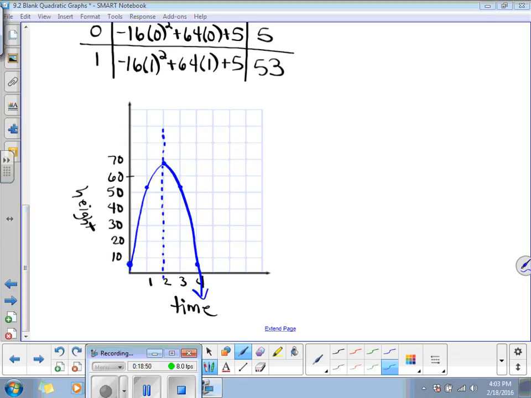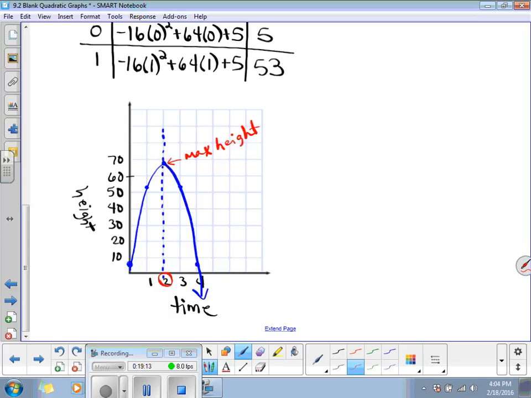So the first question was, how long will it take the T-shirt to reach its maximum height? Well, the maximum height is right here. There's your maximum height. And it took 2 seconds to get there.